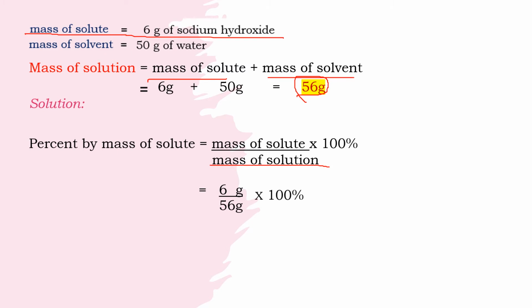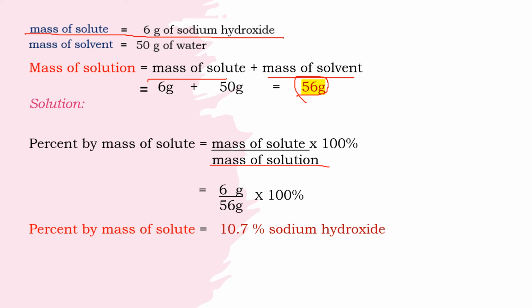So, we have 6 divide 56, that is equal to 0.107 times 100%. So the answer is, the percent by mass of solute is 10.7% of sodium hydroxide.